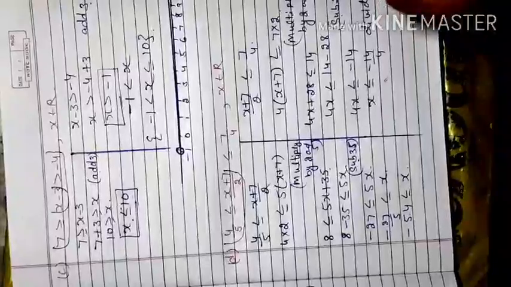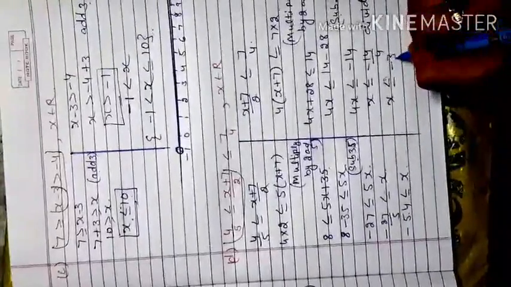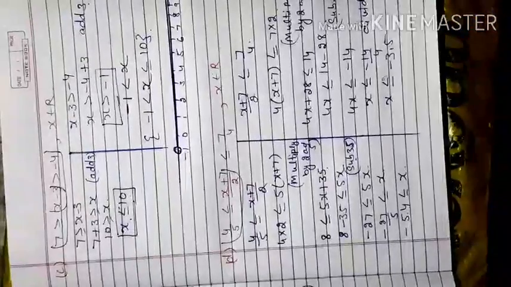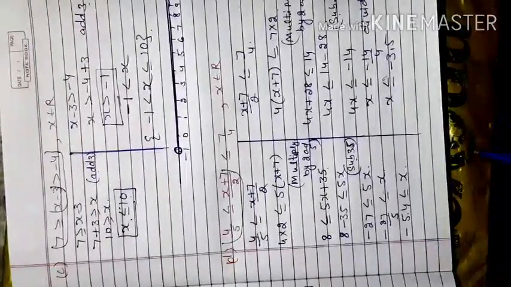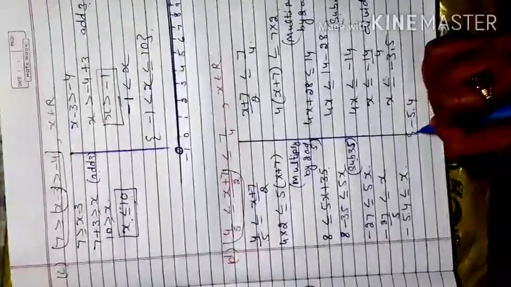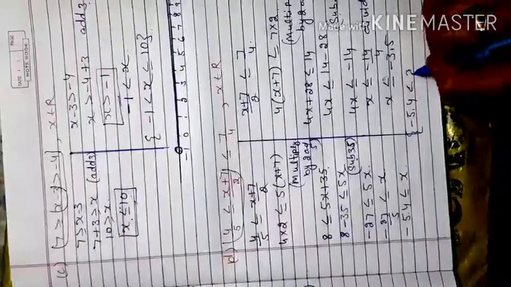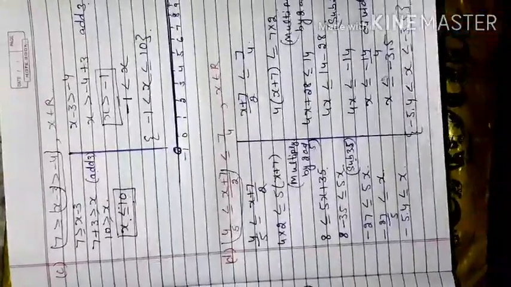That gives me minus 3.5. So that shows that the x value lies between minus 5.4 and minus 3.5. So when I write it combined, the solution set becomes minus 5.4 less than or equal to x less than or equal to minus 3.5.